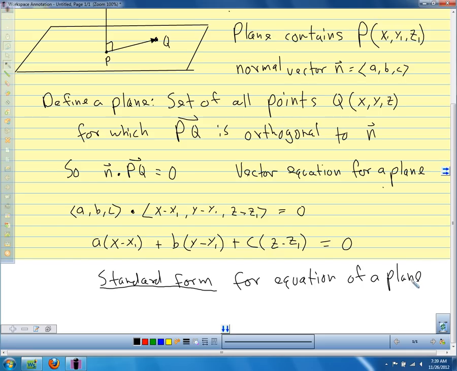And our plane contains point P, which is x1, y1, z1, like we said before, with our normal vector n.